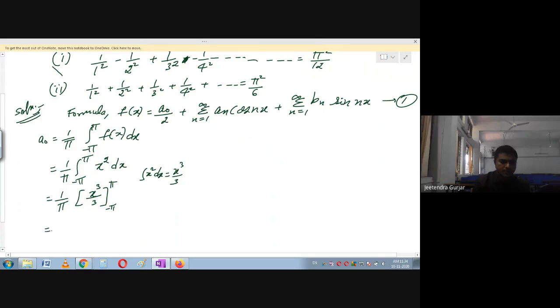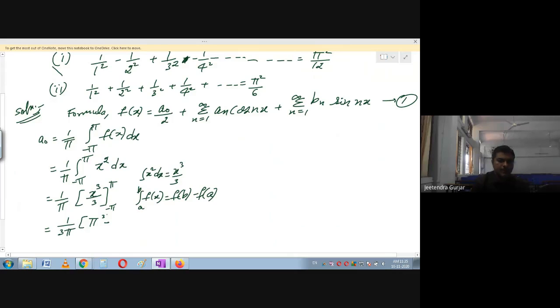Now I'm going to take the 3 constant outside, so this is 1 upon 3 pi. Here remains only x cube. First I will substitute the pi value, pi cube minus. I think you have come across that the integration of f of x from a to b is equal to f of b minus f of a.